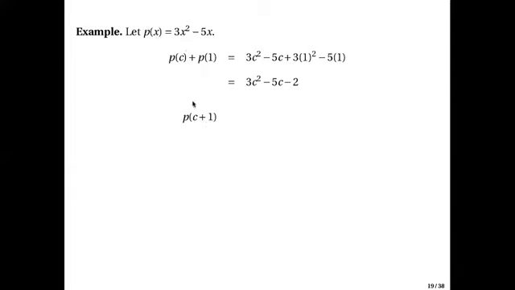So this x here, we will replace it with c plus 1. And this is what we will get. 3x squared becomes 3 times c plus 1 squared. Minus here, 5x, so 5 times c plus 1.